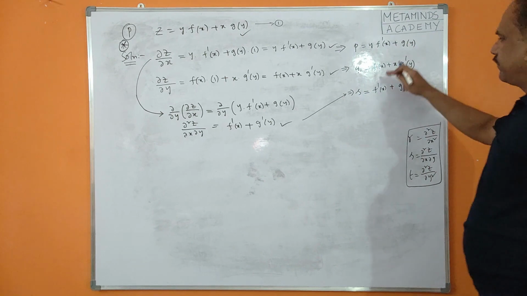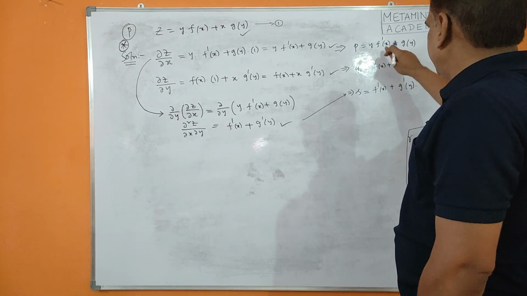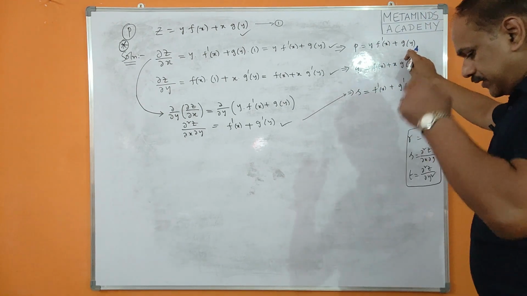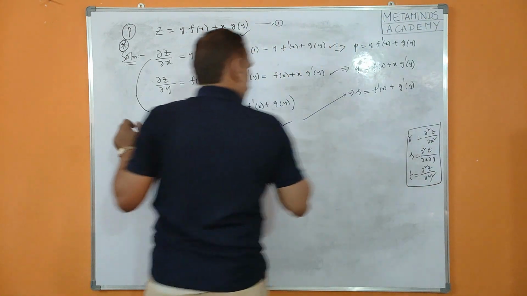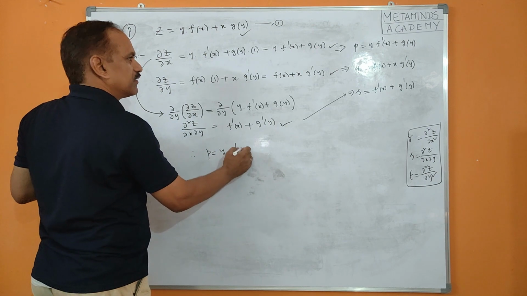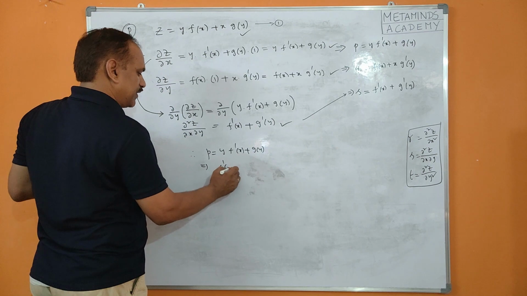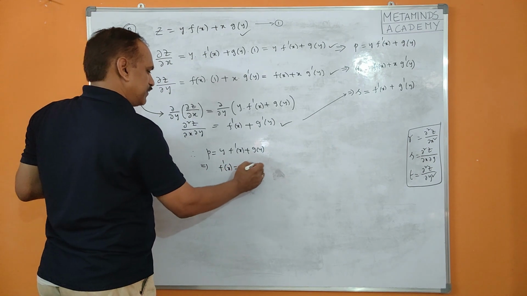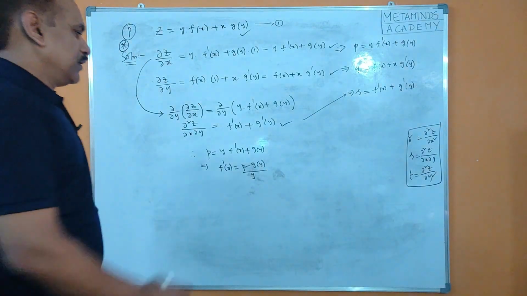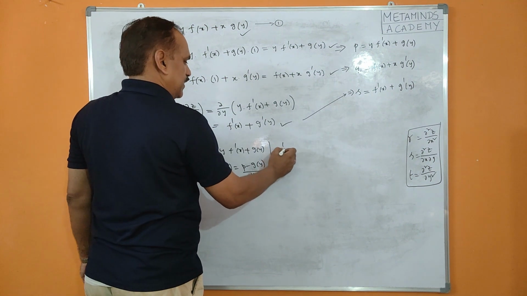So from these three equations, we eliminate f dash. How to eliminate f dash? From this you write f dash, right? So P equal to y f dash of x plus g of y implies f dash of x equal to p minus g of y by y. Similarly, from this you eliminate g dash.